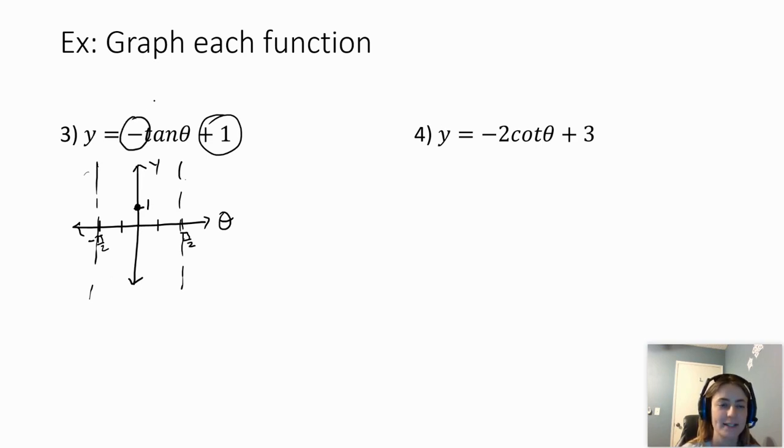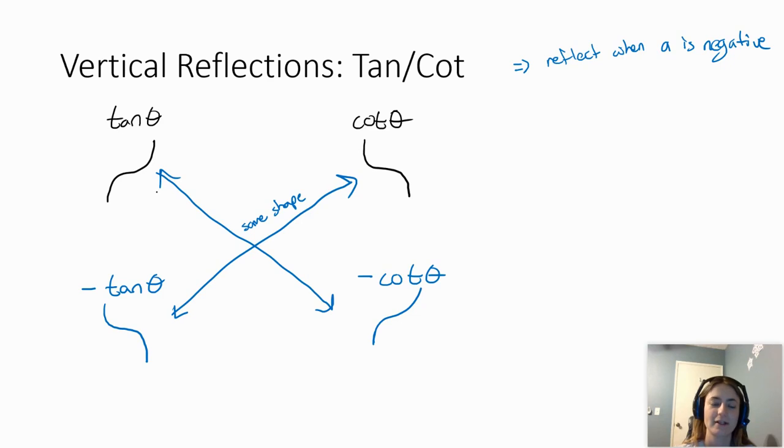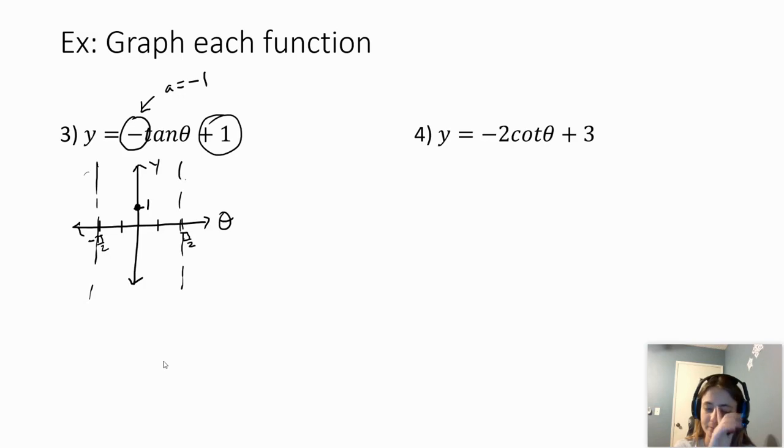And notice that the A value is negative 1. So we're still going to go up 1 and down 1, but we're flipping it. So instead of going up from left to right, as we usually do, we're going to go down from left to right because we're flipping it vertically.